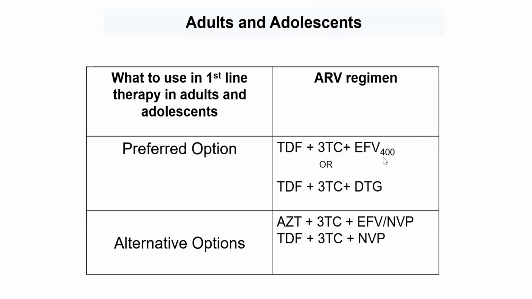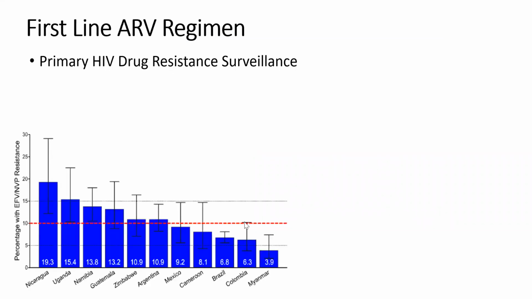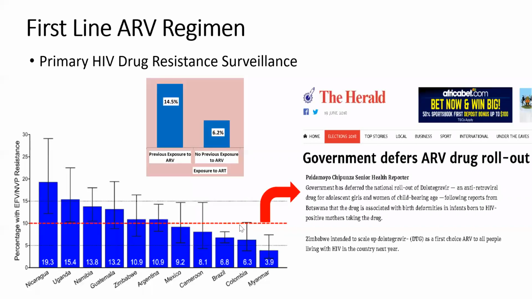Why? Because our baseline primary resistance from that survey was more than 10%. And that was the WHO recommendation: because the baseline is more than 10%, we might need to move to DTG and get a better drug because of those reasons.